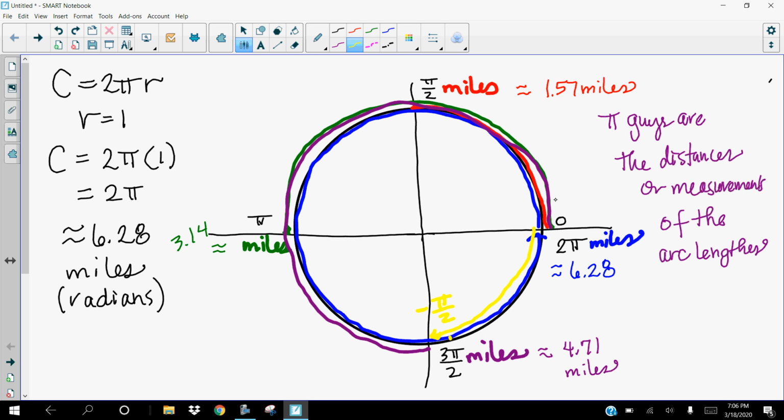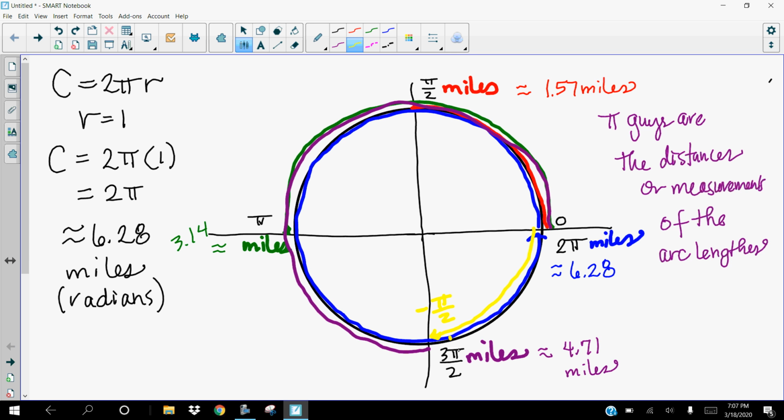That's the normal direction for the unit circle. And if I said go negative pi over 2 miles, then you would go clockwise. Either way, you walked pi over 2 miles, 1.57 miles. You just walked it in a different direction. Same amount of miles, but in a different direction.